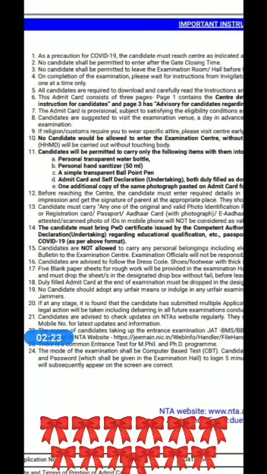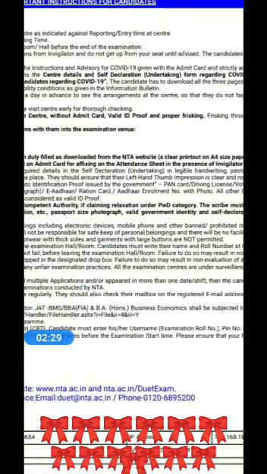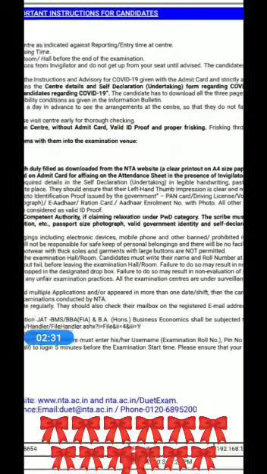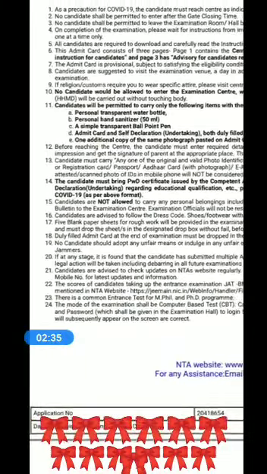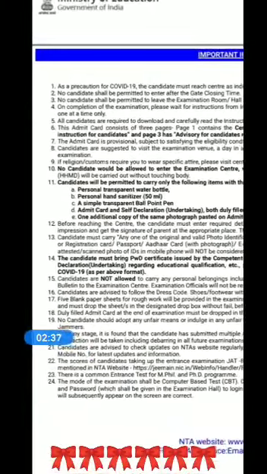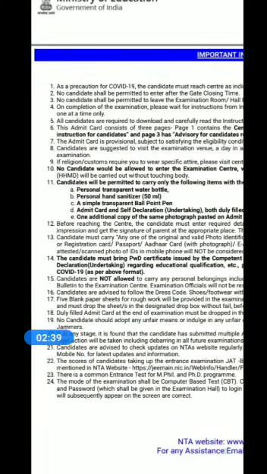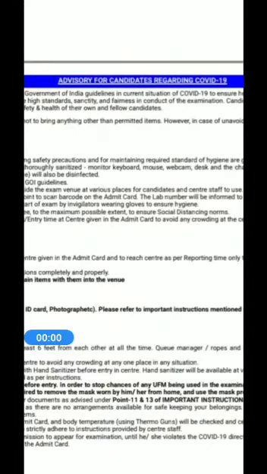The same photograph you need to bring with you, and you'll paste that on your attendance sheet in the presence of the invigilator. There are exactly 24 points they have mentioned. I will suggest you go through all these instructions very carefully.